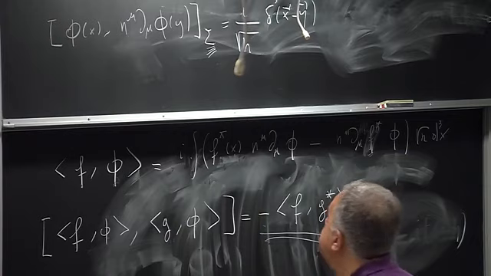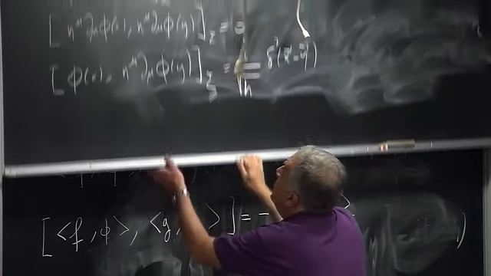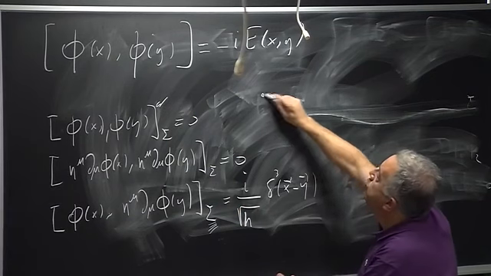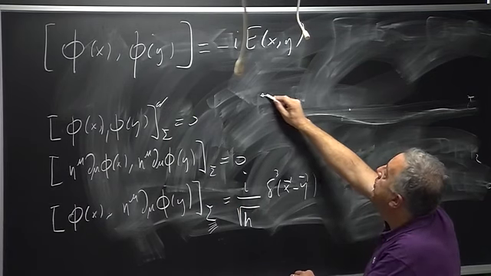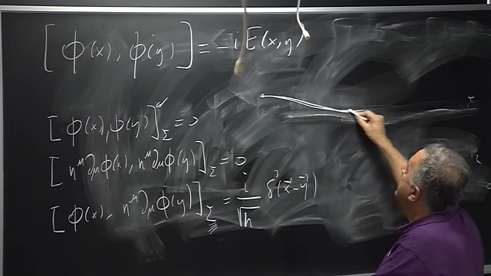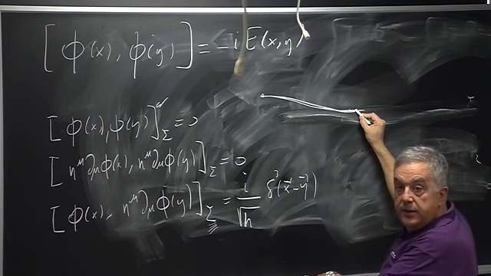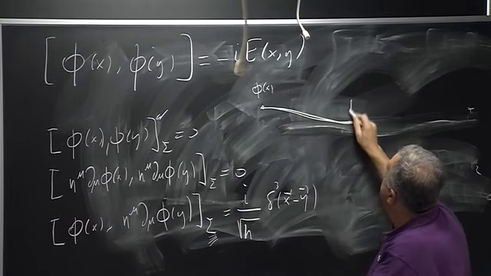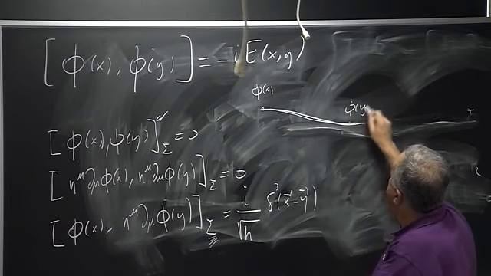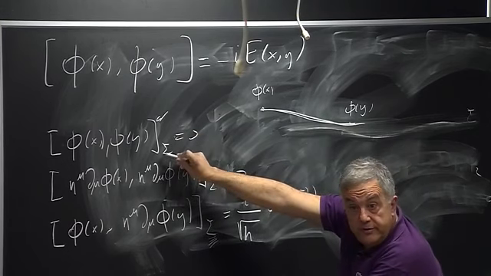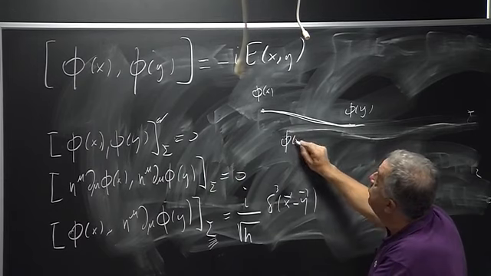That is the first thing. And second, since it does not depend on the chosen hypersurface, if you have two points which are separated by a space-like path in between, and you consider the field here and the field here, because of this property, which does not depend on sigma, these fields have to commute.